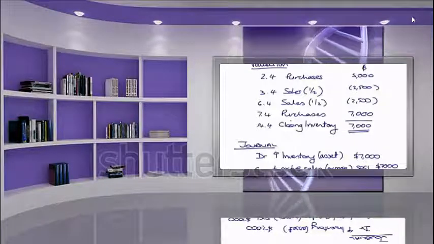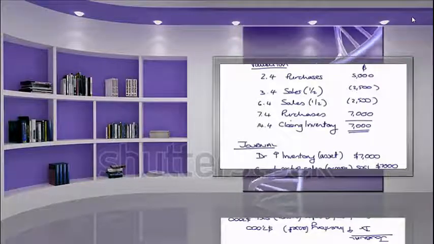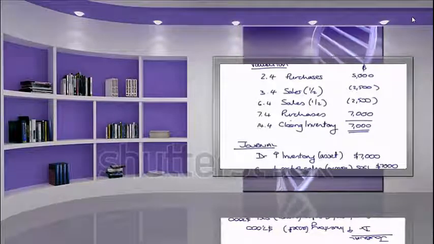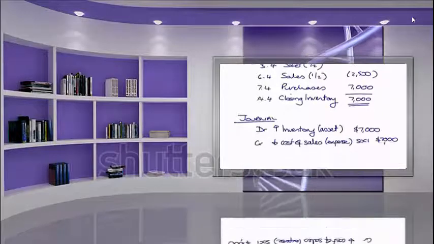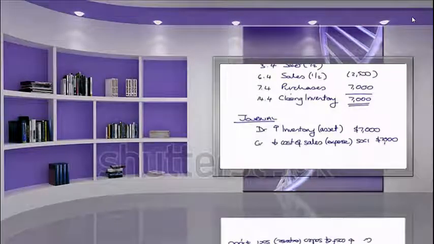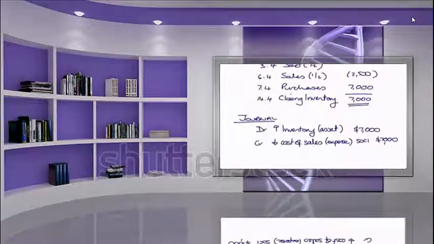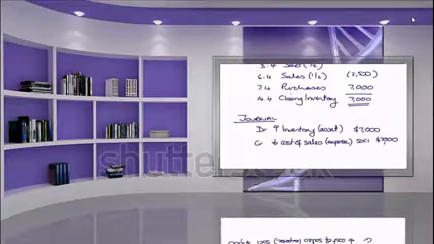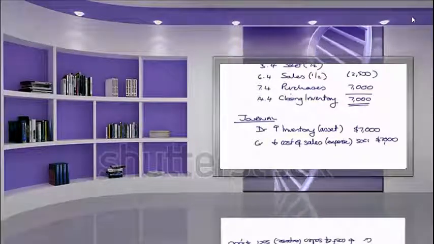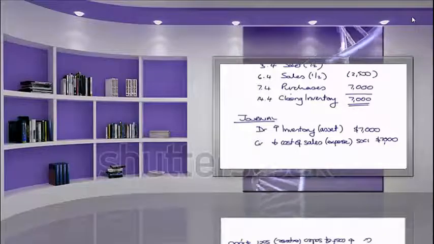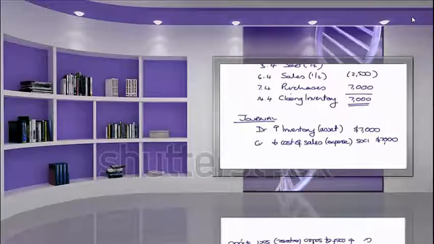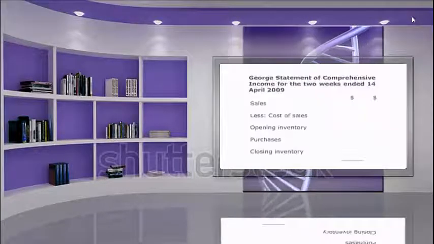So it's all about matching, which we discussed, like I say, earlier on. We have got a dedicated session devoted to inventory. We'll leave it there for now and we'll proceed to prepare the financial statements, and we'll see how this journal works in action in our next session.